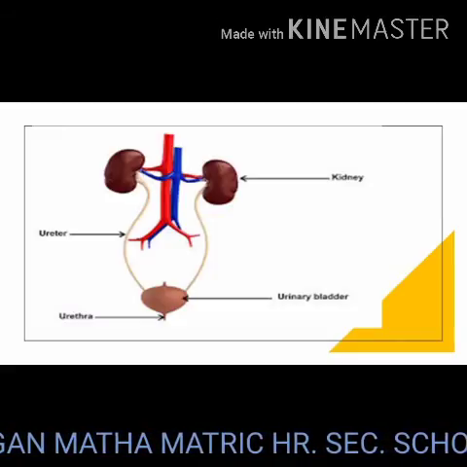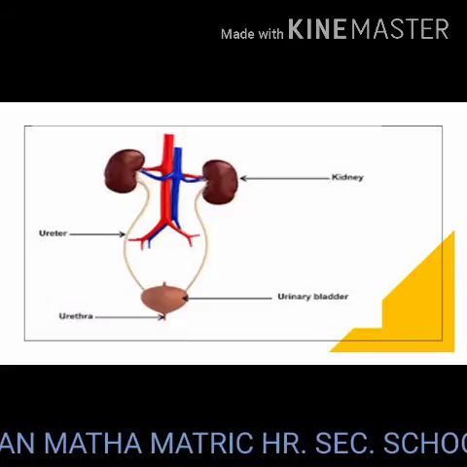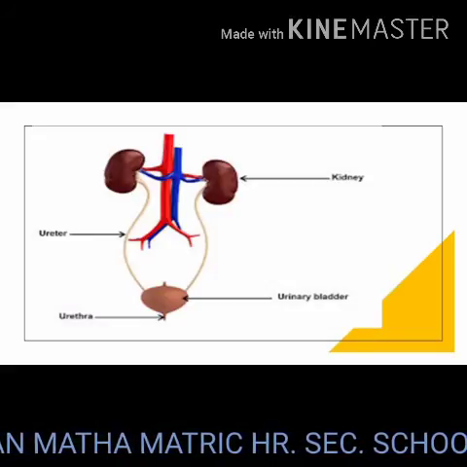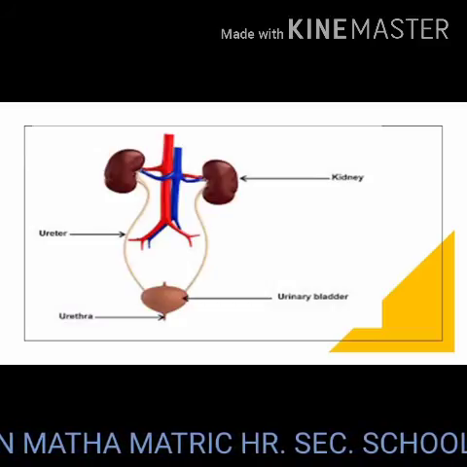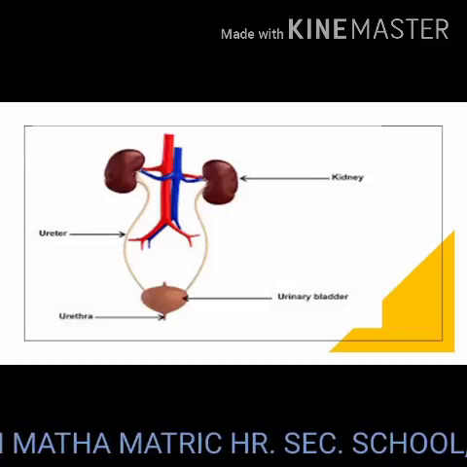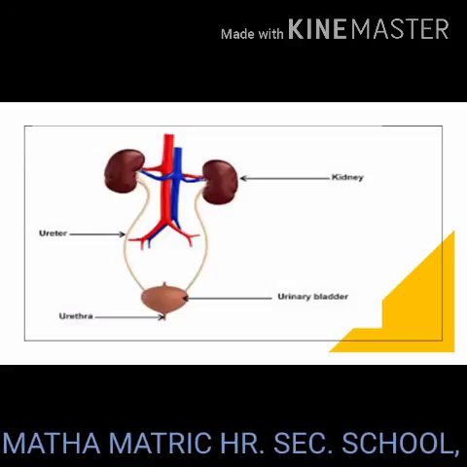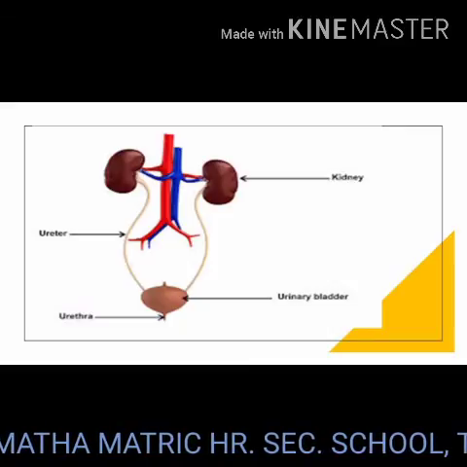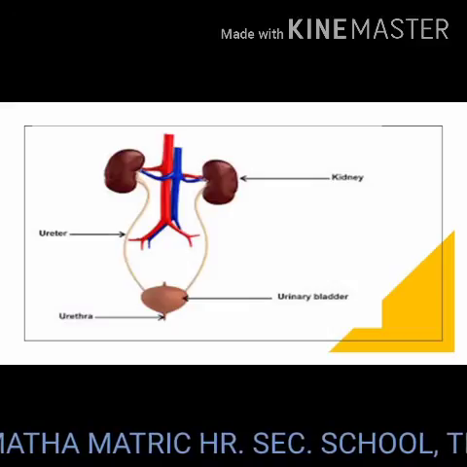The human excretory system consists of a pair of kidneys which produce the urine, a pair of ureters which conduct the urine from the kidneys to the urinary bladder, where urine is stored temporarily, and the urethra through which the urine is voided by bladder contractions.